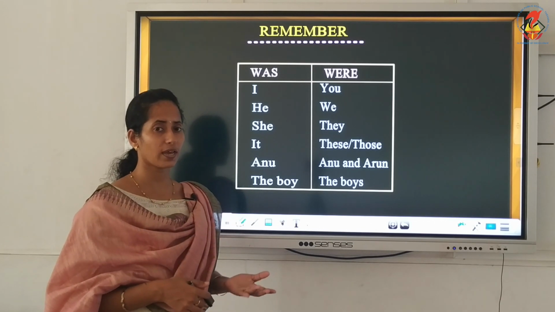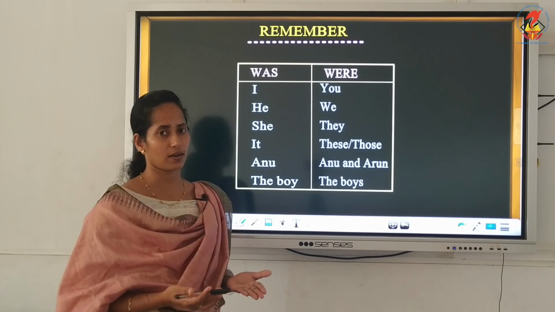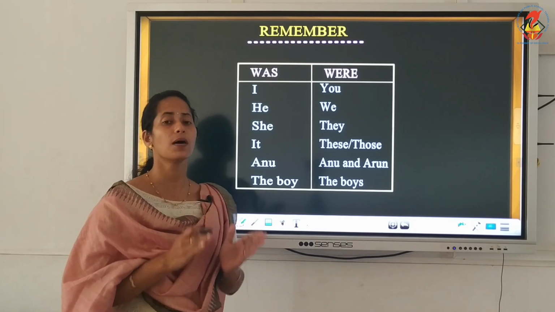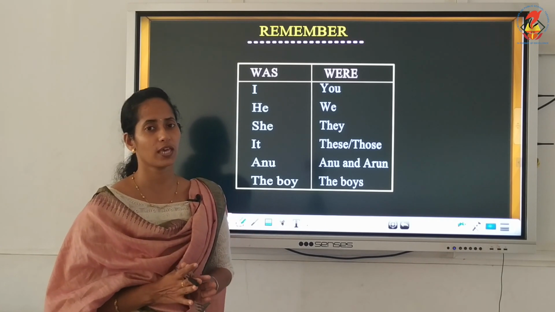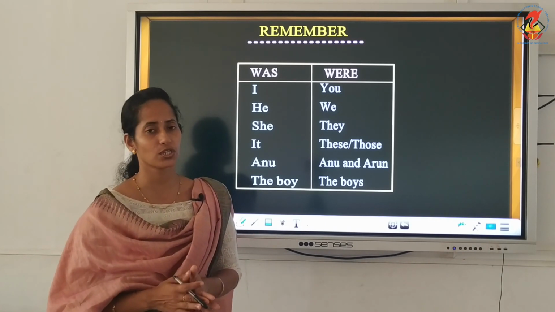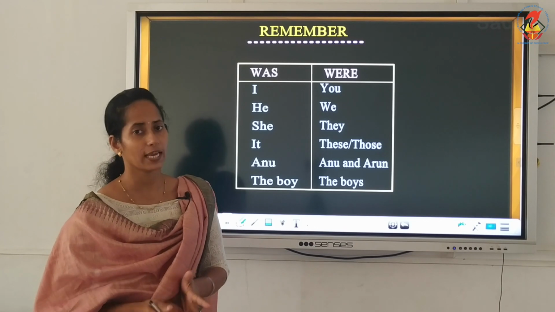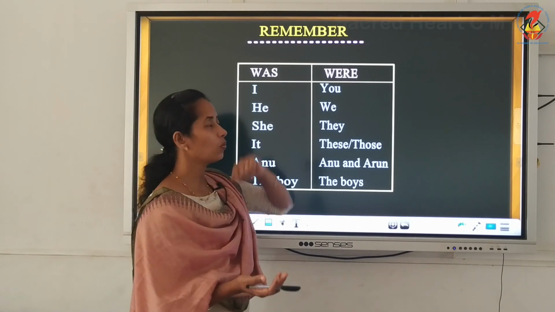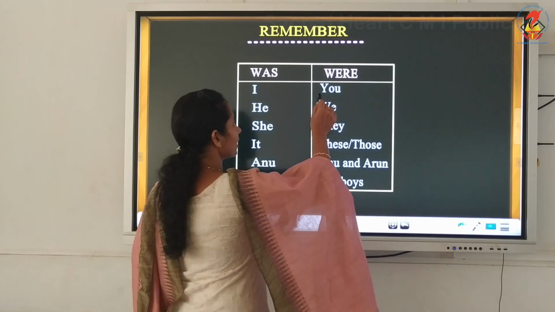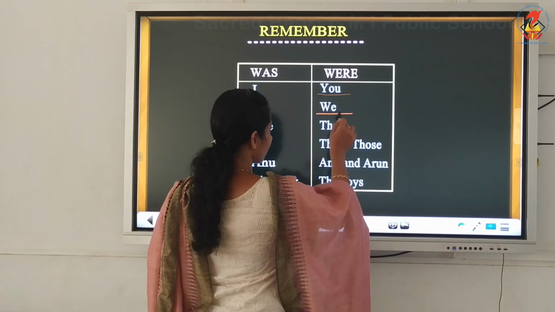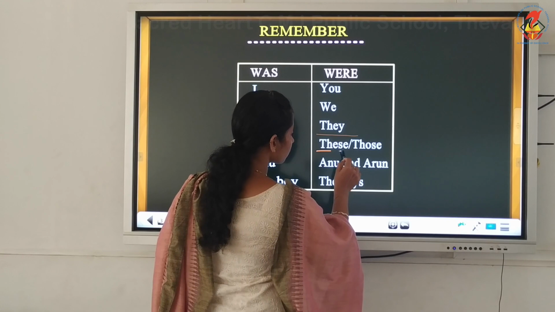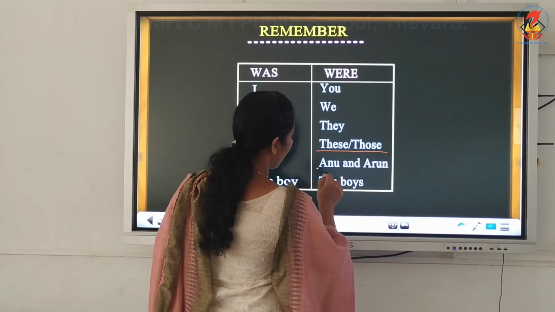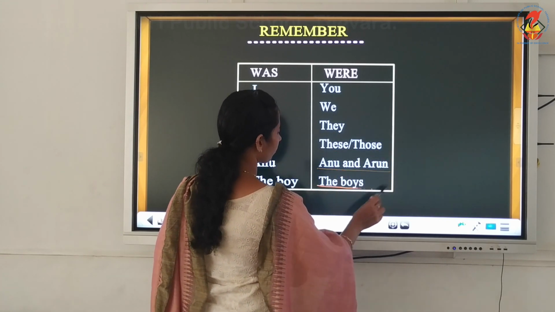So where do we use "were"? For more than one, which means along with plural nouns. For talking about an action that already happened with plural nouns, you have to use "were." So we can say "you were," "we were," "they were," "these were," "those were," "Anu and Arun were," and "the boys were."